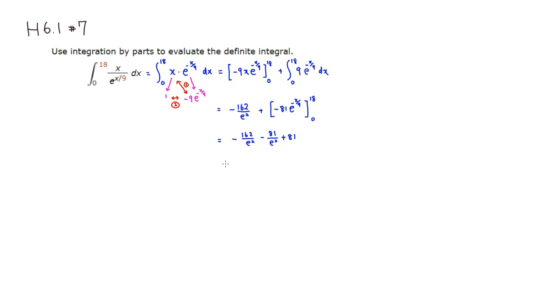So we can just add them up: 2 plus 1 is 3, and 8 plus 2 is 10, and there's a 1 here, so you have 243 over e squared, and a plus 81, so I'll put 81 right here. So it's 81 minus 243 over e squared.